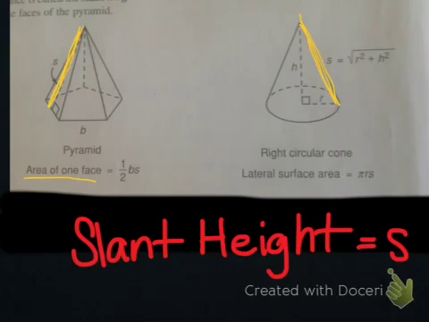Same thing with a right circular cone. The lateral surface area is equal to pi r s, and in this case your slant height is the square root of r squared plus h squared.